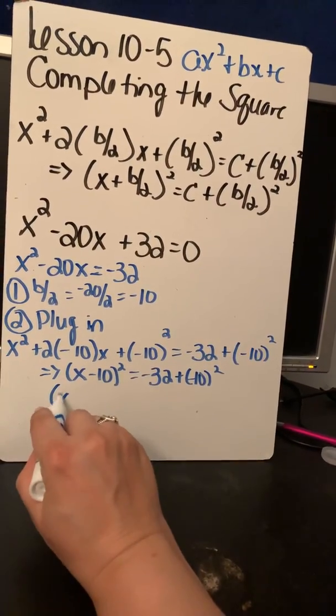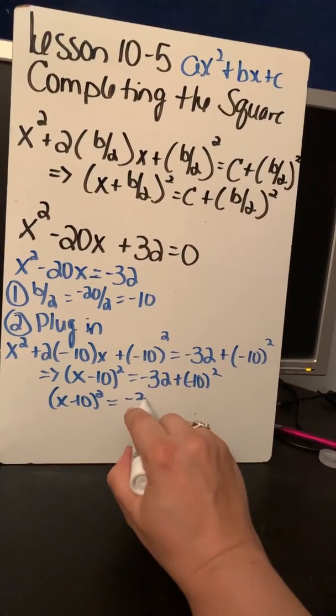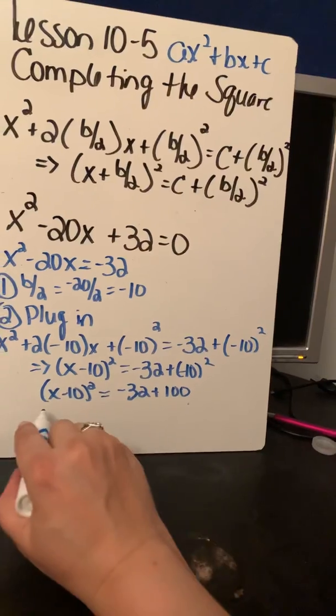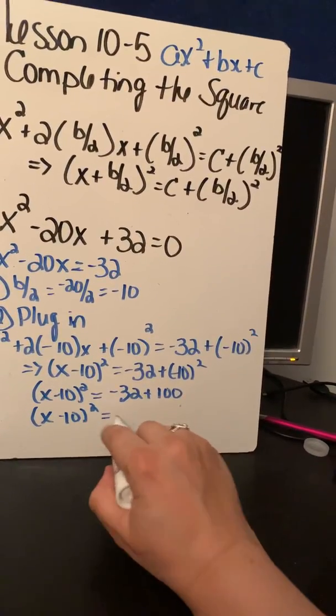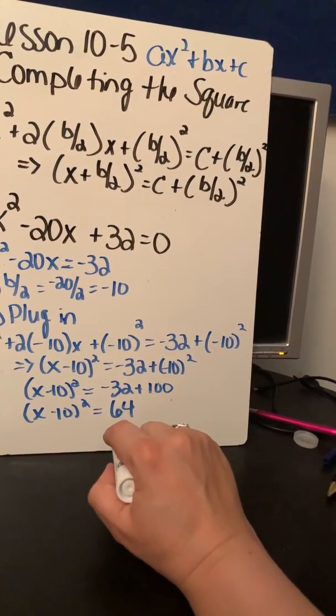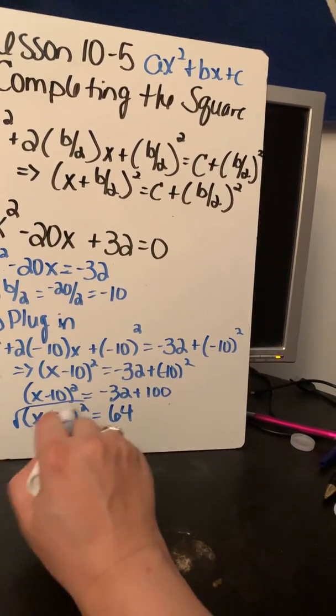So you're going to have x minus 10 squared equals negative 32 plus 100. So then I've got x minus 10 squared equals positive 64. To get rid of a squared, you root it. So we're going to take the square root.